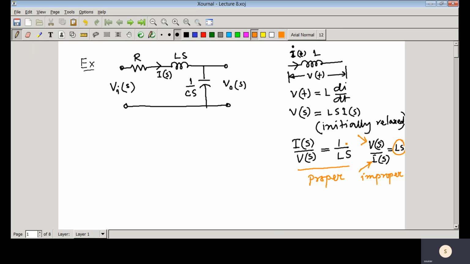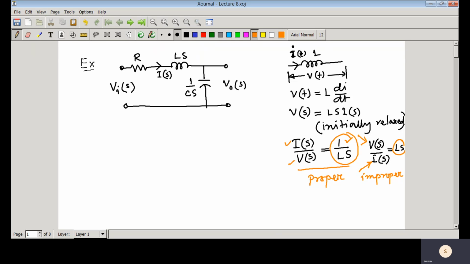This is the transfer function, and the numerator degree is 0 and the denominator degree is 1. So this is a strictly proper transfer function, where input is voltage and output is current. This is the proper realization which can be realized physically.